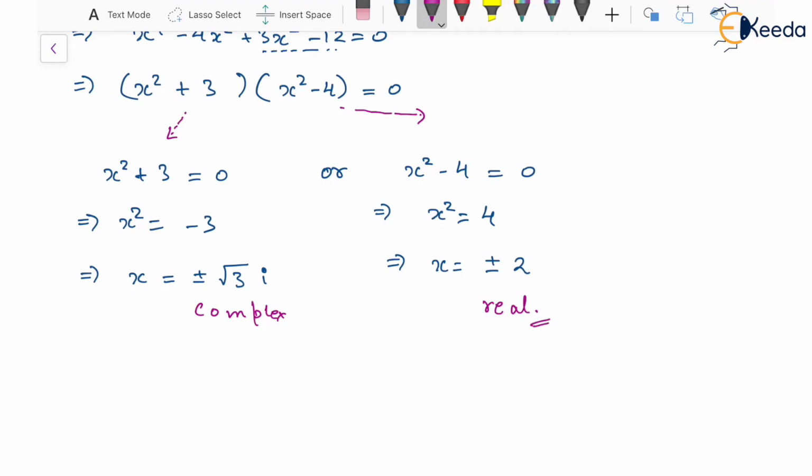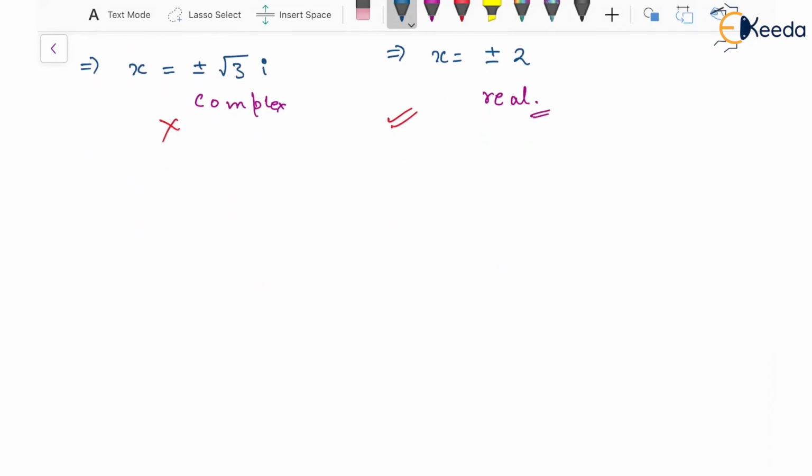But from our initial assumption and the standard expression of a complex number z equal to x plus iy, we know that both x and y are supposed to be real. So in that case, we should be dropping the complex values of x and accepting the real values of x. So for the real values of x, x will be 2 and minus 2.